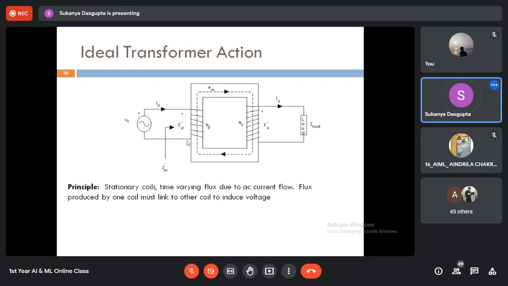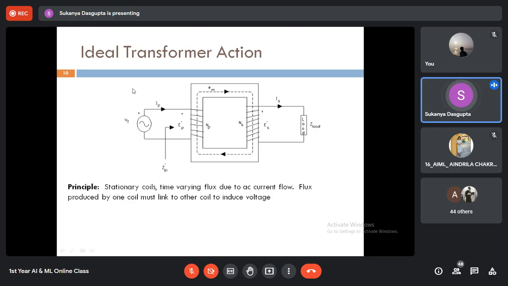right? So flux produced by one coil is linked with the other coil to induce the voltage, and these coils are stationary. Coils are static. Coils are not moving. They are not rotating, right? So only the flux is time varying. Flux is alternating. Time varying means alternating, right? Why is it alternating? Because it is produced due to the alternating current flow.